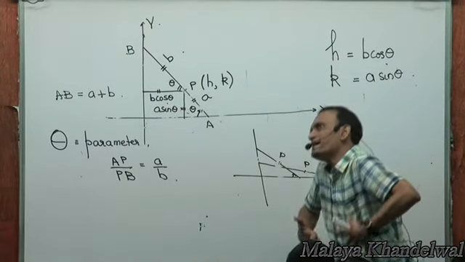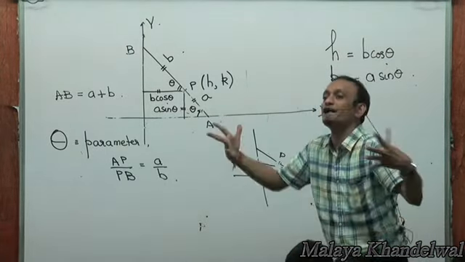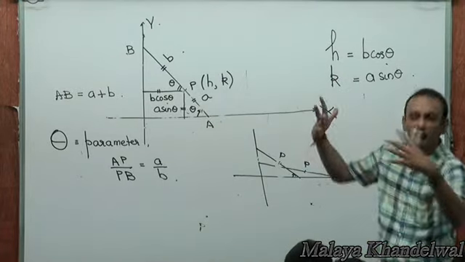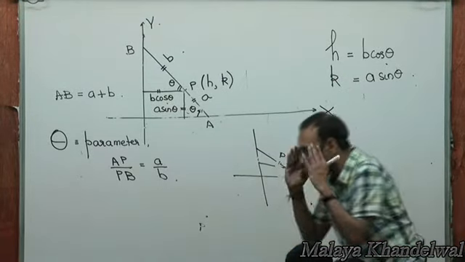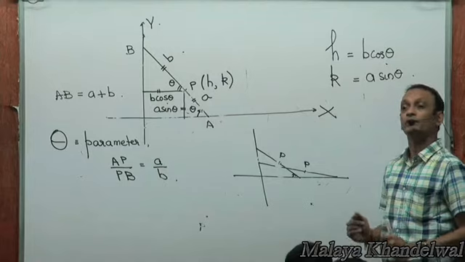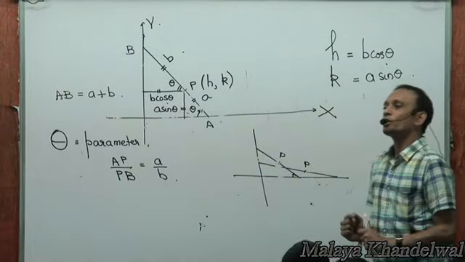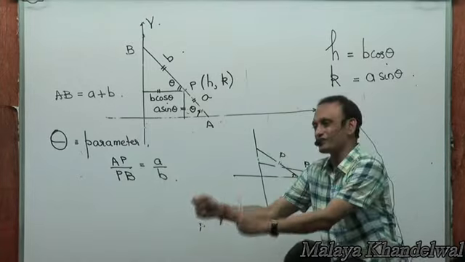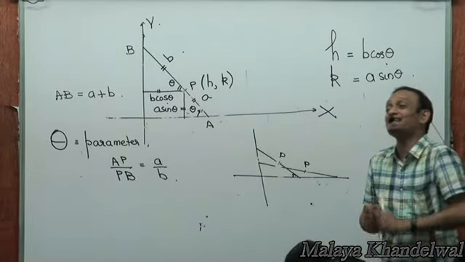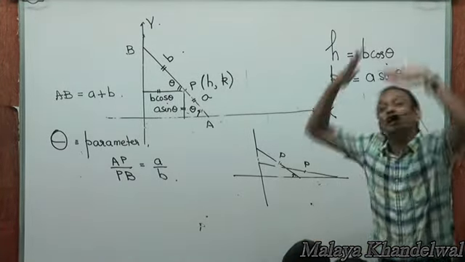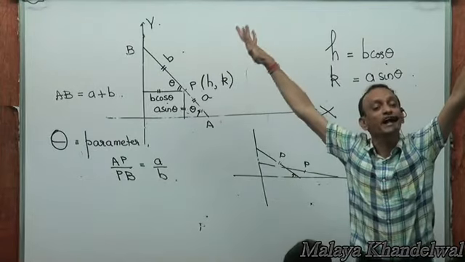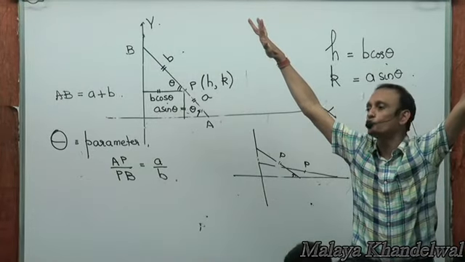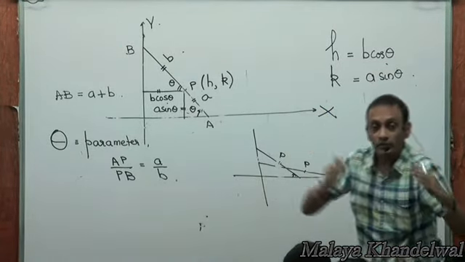And when a relationship becomes independent of the parameter, theta in this case or some other parameter in some other case, then I will have enough courage to go ahead and generalize that relationship. Then I would replace h by x and k by y, the generalized coordinates of all points on the trajectory. Yes or no? So important.